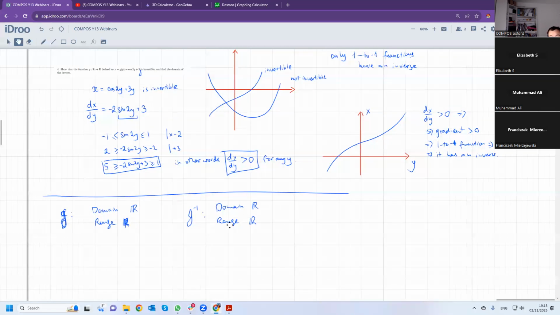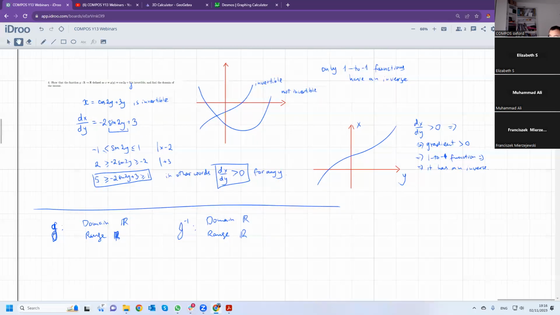It's unusual, yeah. Imagine a function constantly increasing but not containing all real numbers. Yes, of course, it can be, but not in this case.